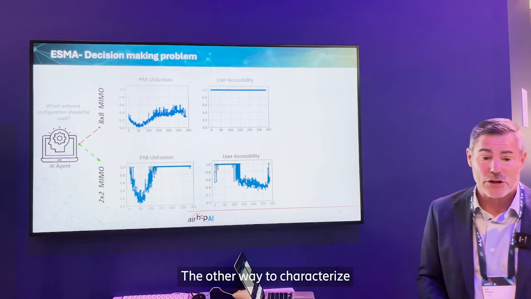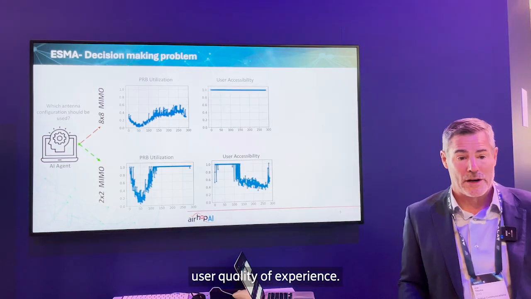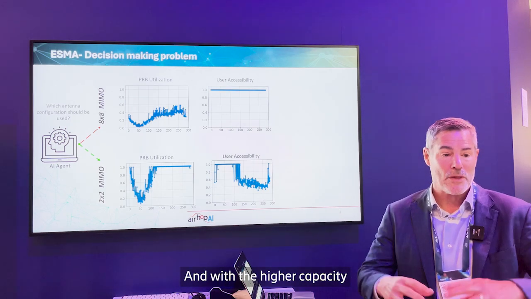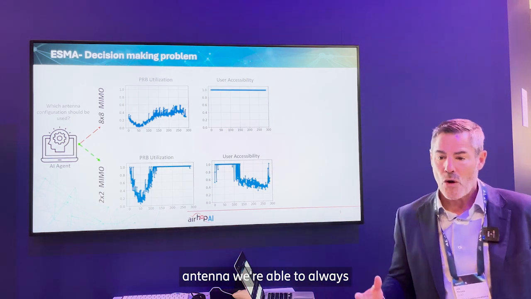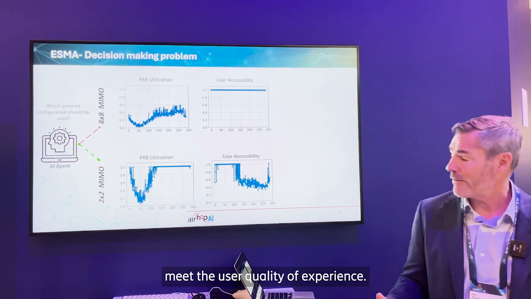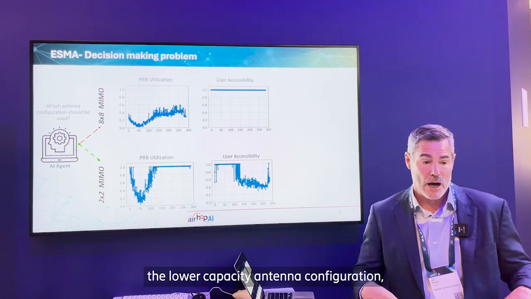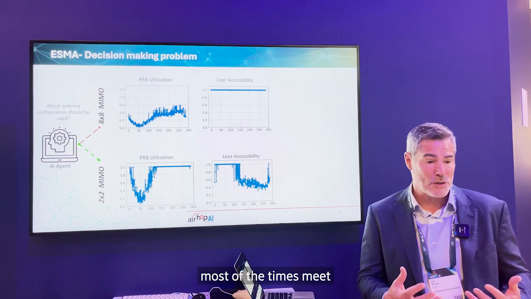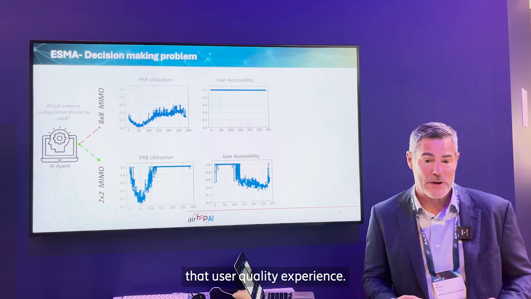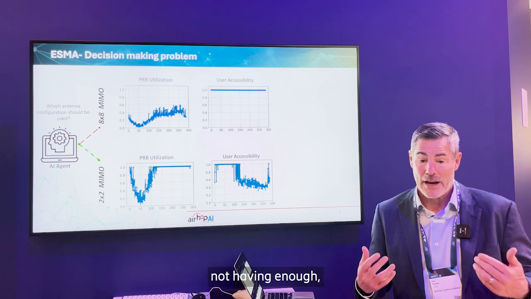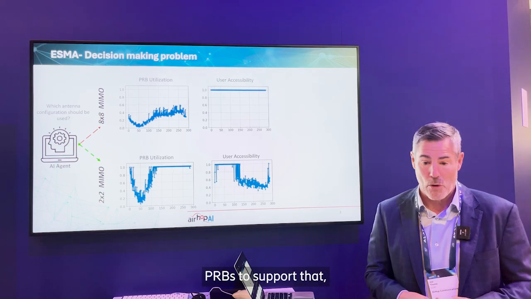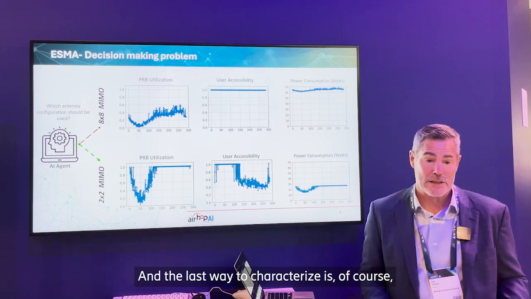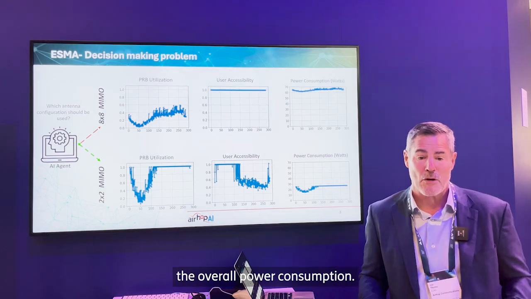The other way to characterize it is based on user quality of experience. We have a metric we'll call accessibility, and with the higher capacity antenna, we're able to always meet the user quality of experience. When you move to the lower capacity antenna configuration, you're going to be able to most of the time meet that user quality of experience, but sometimes you're going to end up not having enough PRBs to support that, and you're going to have degradation in the quality of experience. And the last way to characterize it, of course, what we're trying to do is minimize the overall power consumption.